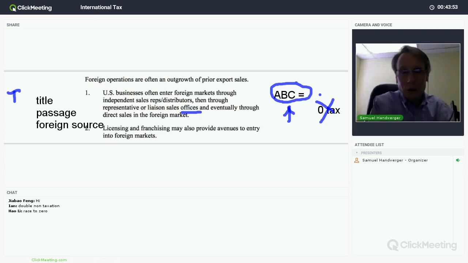Yes, we'll still be taxed in the U.S. We'll have the foreign tax credit to avoid the double taxation that we've learned about. But now ABC has the right to tax us because we have our own people and office there.